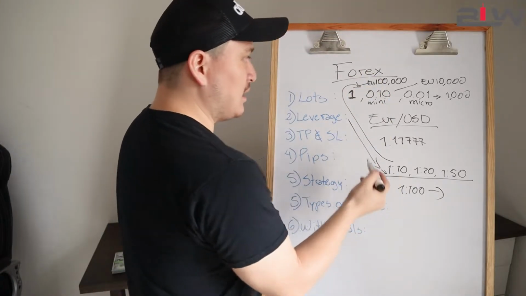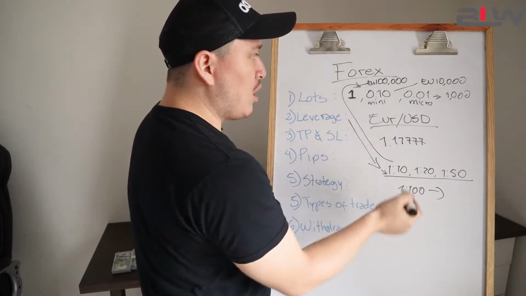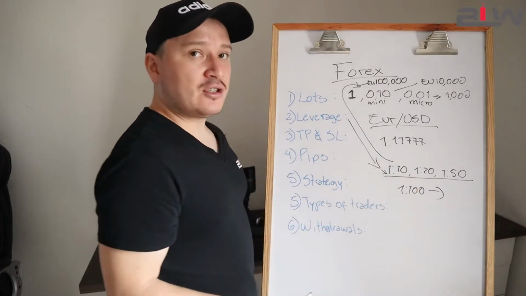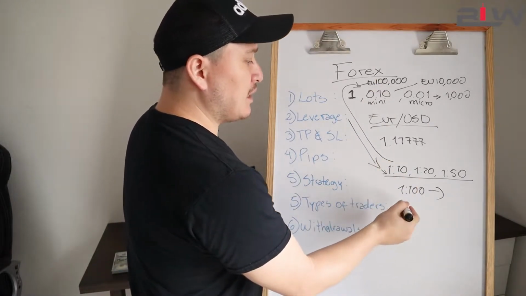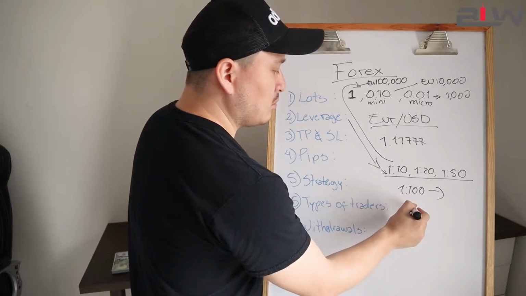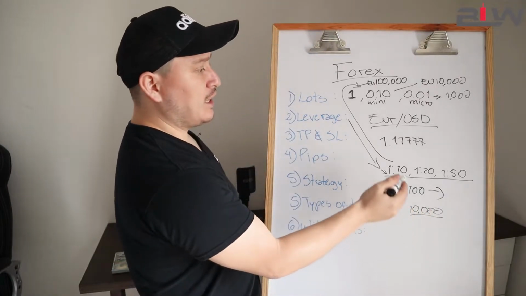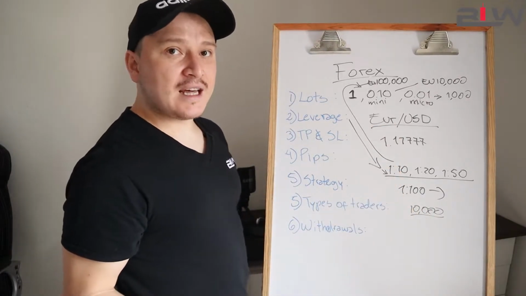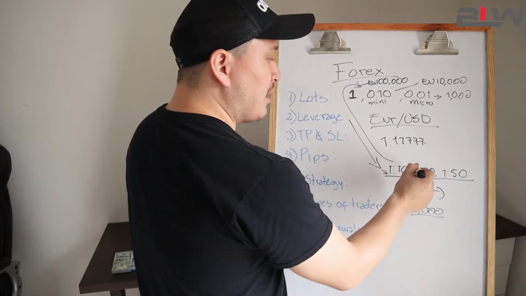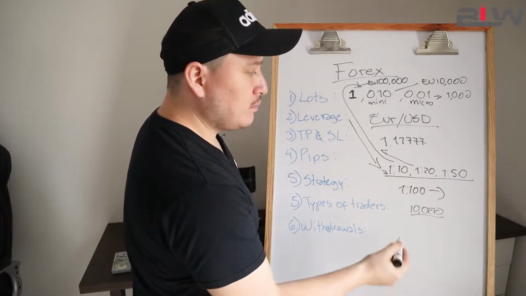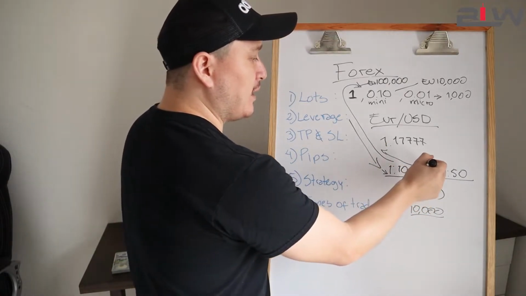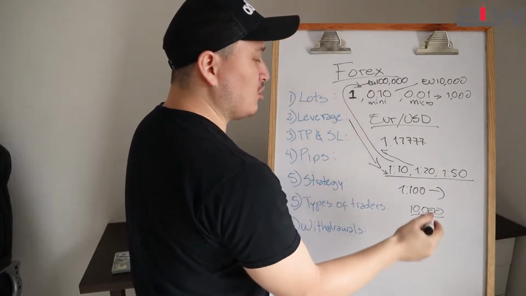What I mean by this is, for example, 100,000 euros in a leverage of 1:10 means 10,000 euros. So one lot size will be 10,000 euros. If I go with 1:20, that means that I can divide the 100,000 by 20.